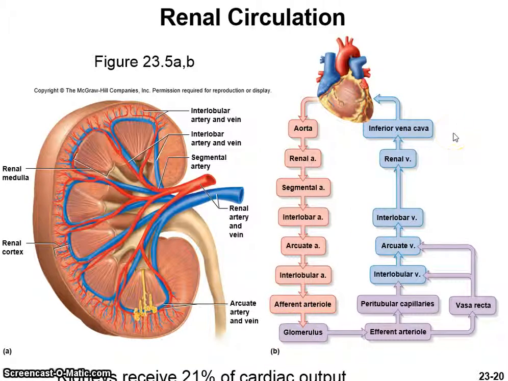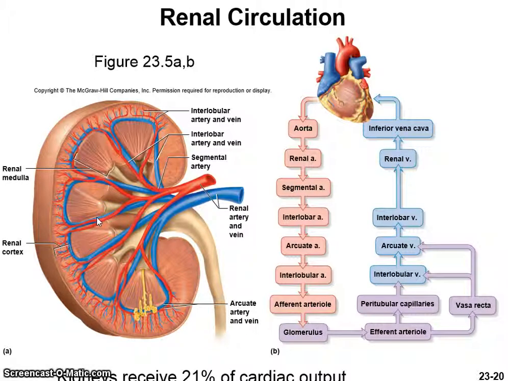You can't see them here, but the arteries that radiate from the arc all form a little right angle, and they enter into the glomerulus or the Bowman's capsule, which is going to be the functional unit of the kidney.